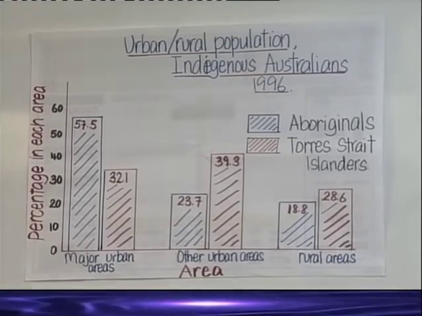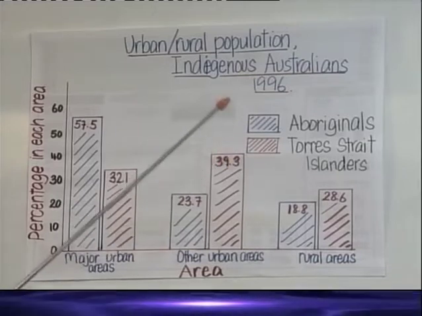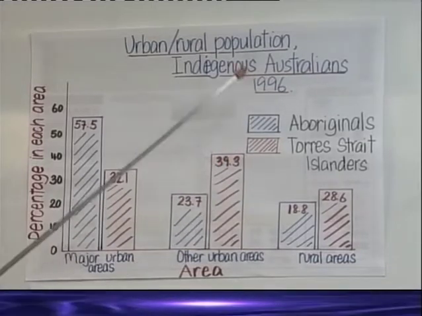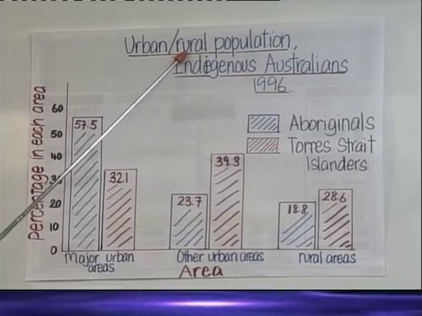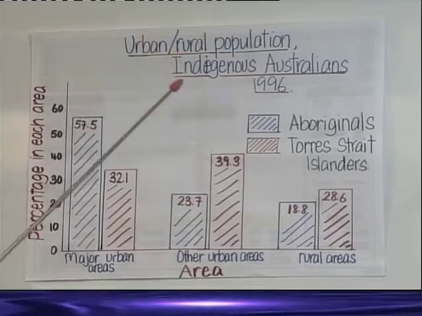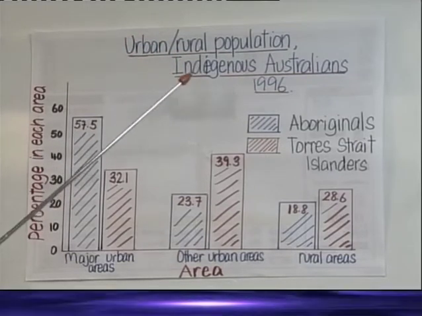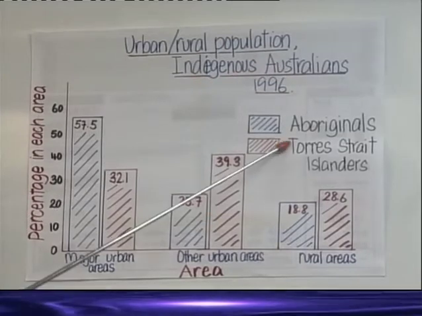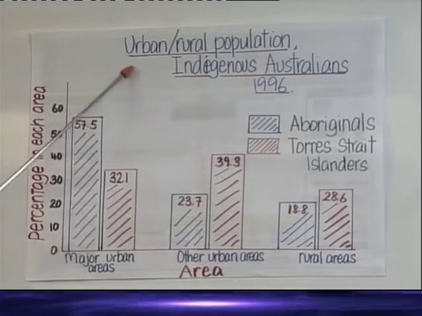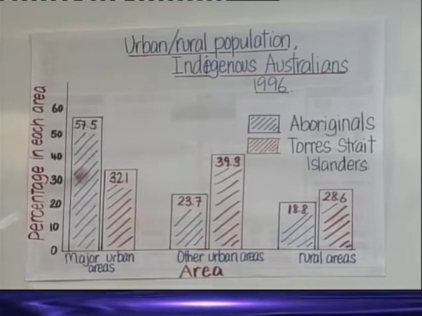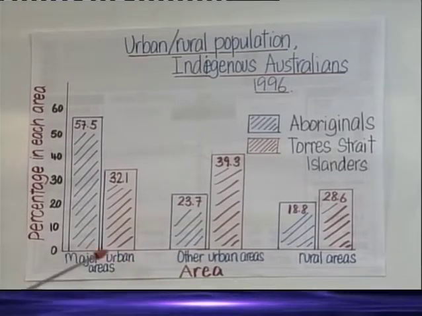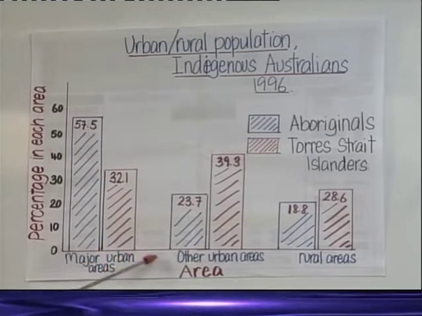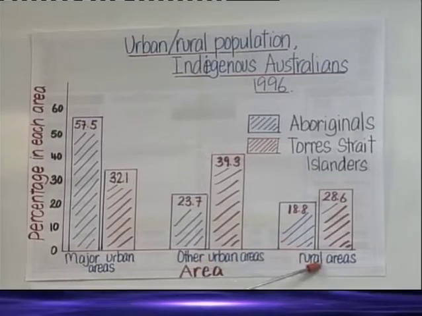All right, so from this graph here, everyone look up here. This bar graph displays information of these particular natives living in different areas, whether in major urban areas, other urban areas, or rural areas.